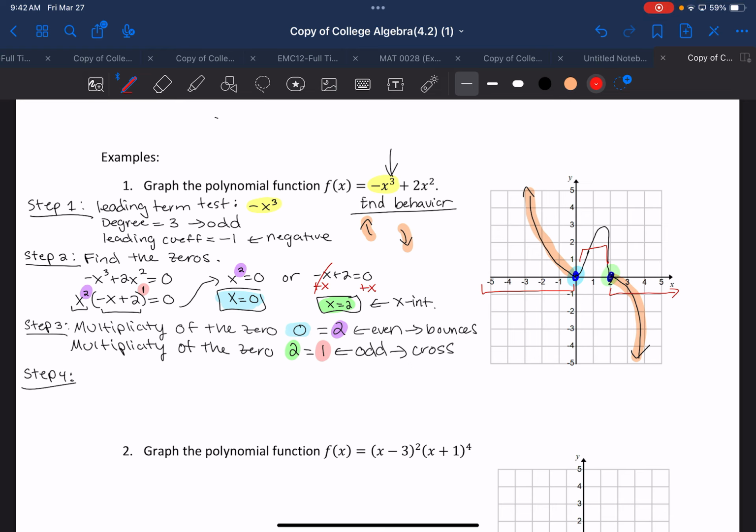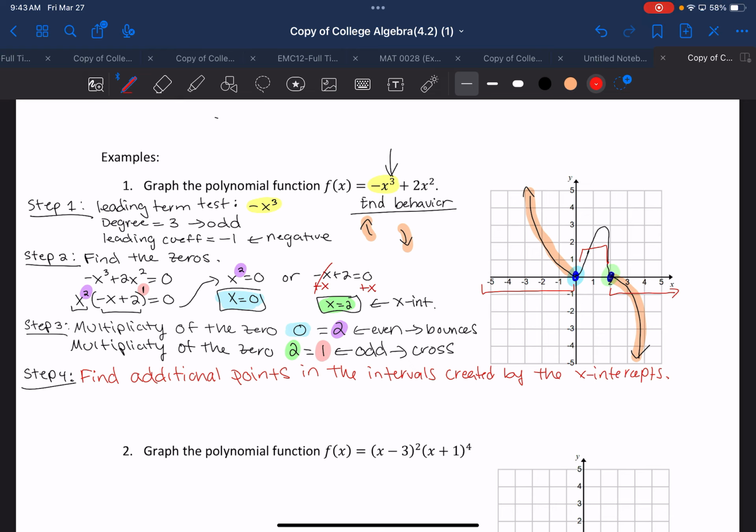That's what we're going to do. We're going to find additional points in the intervals created by the x-intercepts.